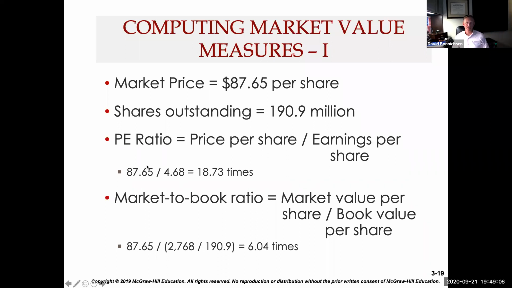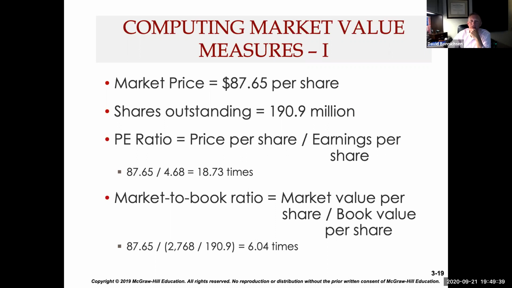We take the price of 87.65 divided by our earnings per share of 4.68, and we get a PE ratio, aka multiple, of 18.73. So we're trading it, the share price is $87.65, and the firm is earning $4.68 per share. So the PE is 18.73 times.